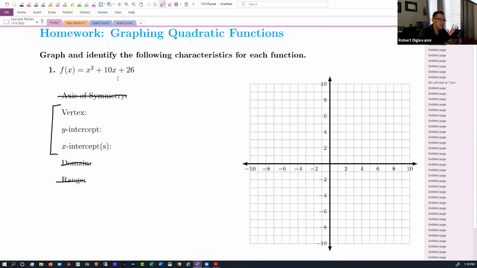And once everyone has it, we'll call it a day. All right? So everyone write that function down, x squared plus 10x plus 26. And I'm going to create some breakout rooms. You all can go in there and work those out.